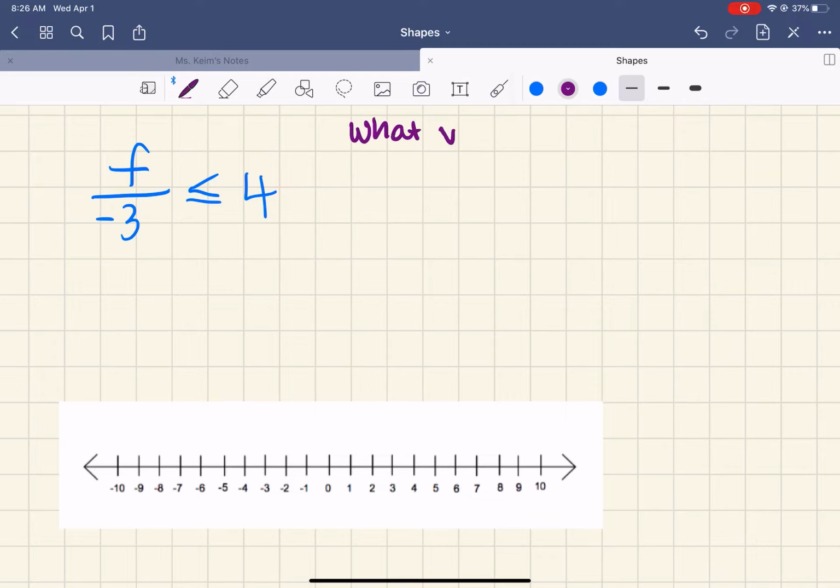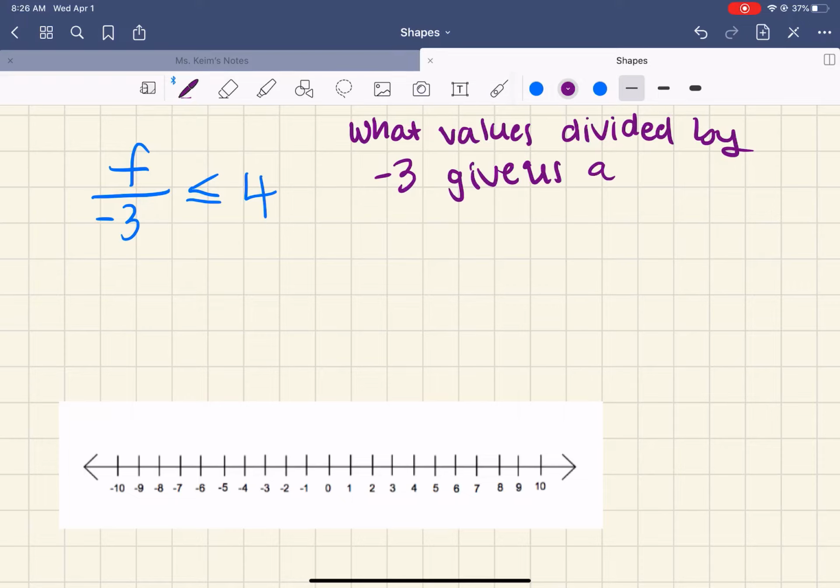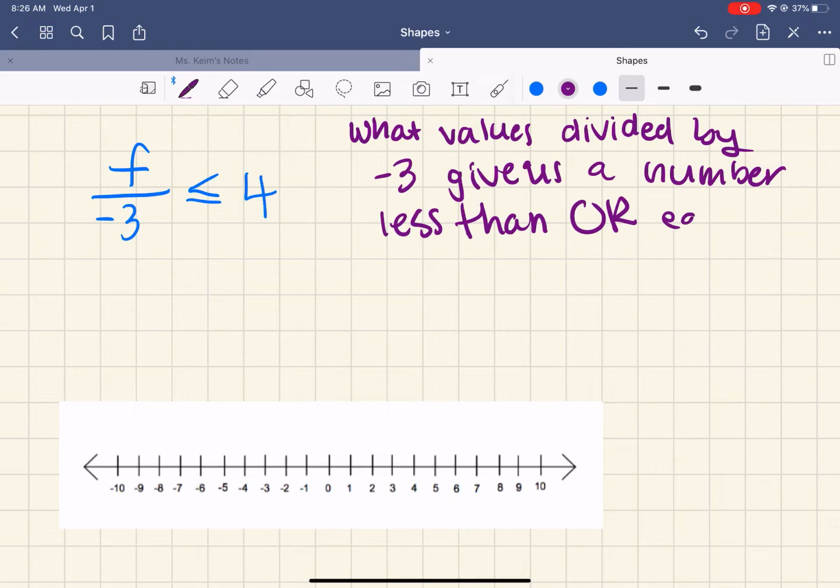So what values divided by -3 give us a number less than or equal to 4. Okay, I'll show you why this one's different in a second.